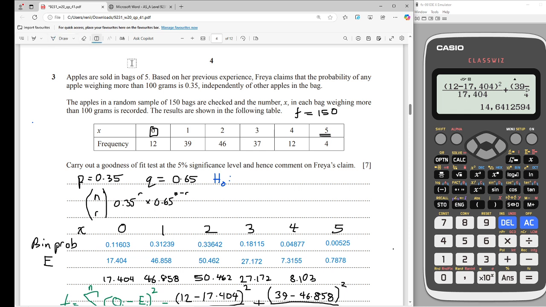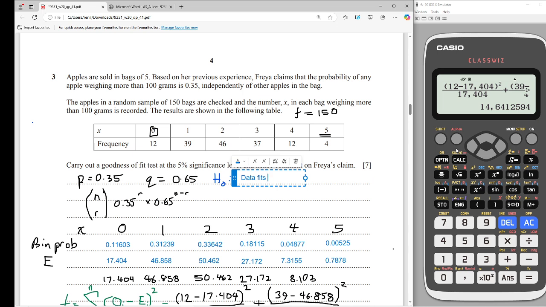So the first hypothesis would state that the data fits a bin 5, 0.35 distribution.